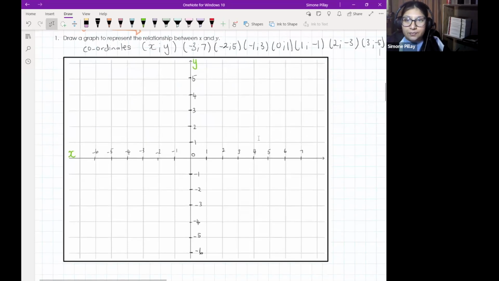Okay, the next thing we are going to do is plot our points. Rory-san, do you remember how to plot points? Yes, ma'am. Okay, and I'm actually going to enable the annotation. Rory-san, I want you to see if you can plot these points by yourself. Plot the first 3 points over here.